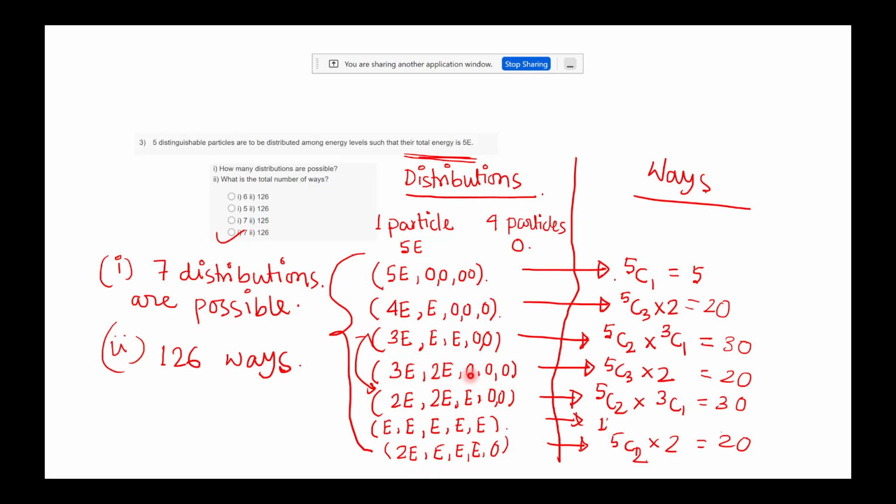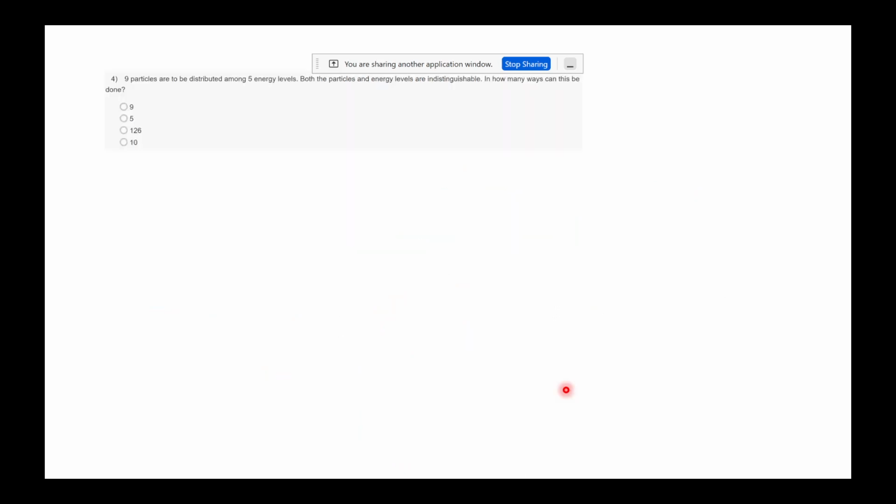Yes, now it is clear. You have to see that 3 energy levels have the same energy, here also 3 energy levels have the same energy, and the rest 2 have different energies. Same thing, right? Okay. Now can I proceed to the next problem? Yes, sir.